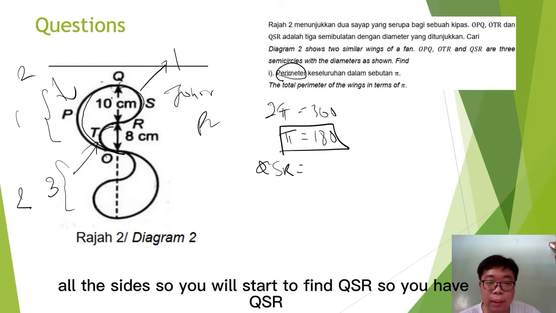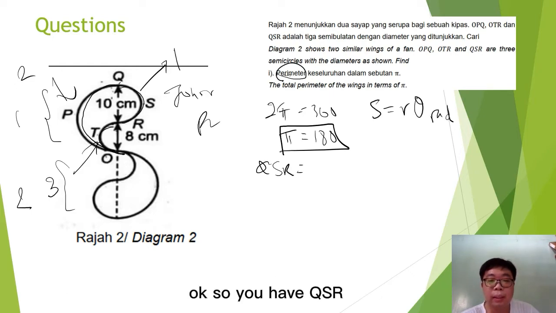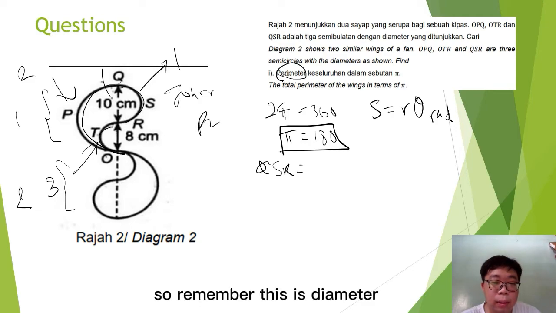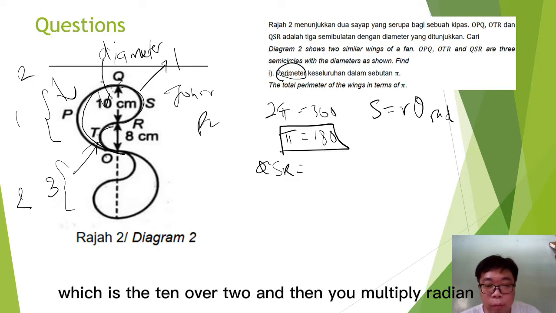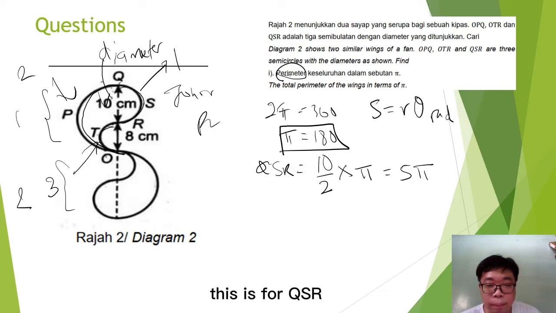So you have QSR, you remember S equal to R theta radian. Okay, so you have QSR. Your R is, okay, this is your QSR. So remember, this is diameter. So when you want to calculate this, you have QSR, which is 10 over 2, and then you multiply radian by radian, which is pi. So you get 5 pi. This is for QSR.